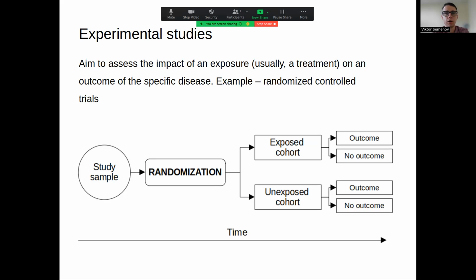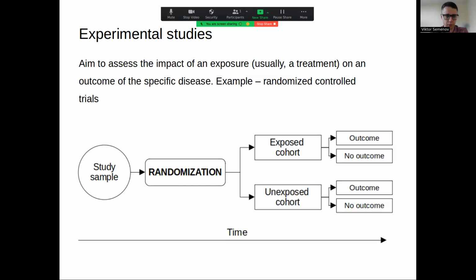In analytical studies we didn't choose who would be smoking and who would not, but in experimental studies we do decide who is going to be exposed and who is not. Of course, this is regulated by ethical rules, which should be very strictly adhered to during the conduct of experimental studies. But this will be the topic for another lecture.